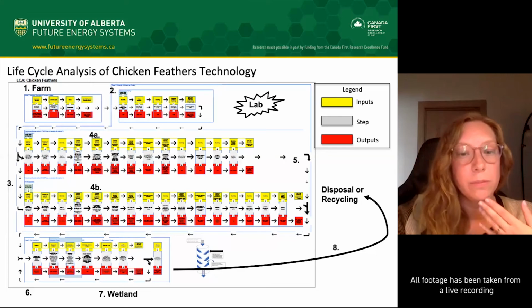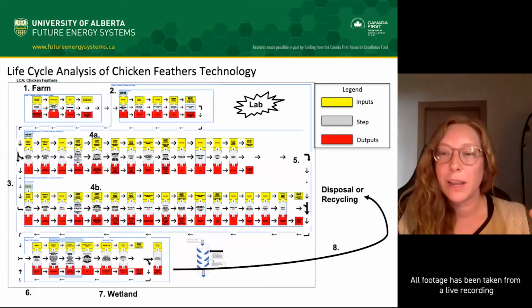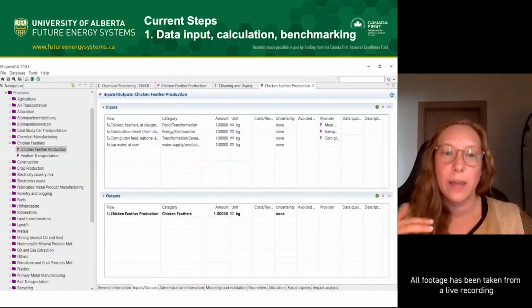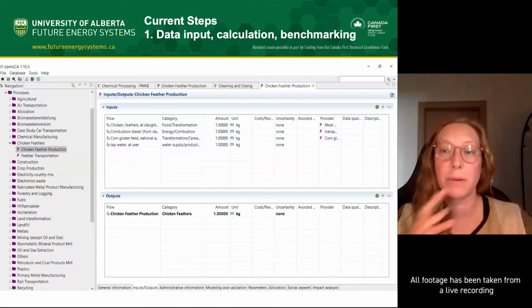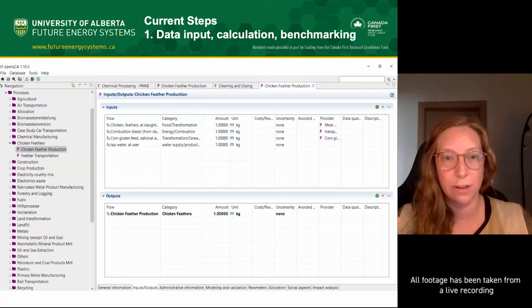So what I really want you to understand here is that these processes are really complicated. And so what this method allows us to do is take into account all of these inputs and outputs of this very large and complicated process so that we can compare the overall effects of creating and manufacturing these technologies.